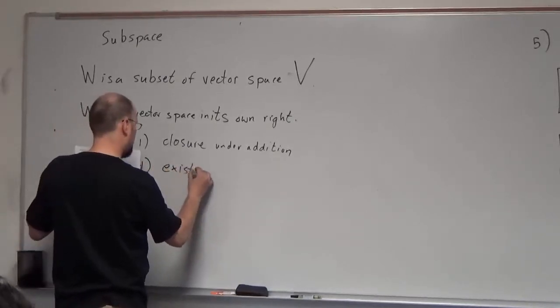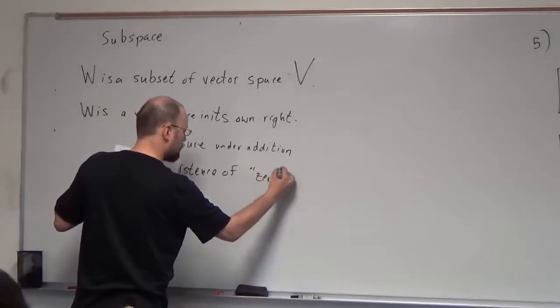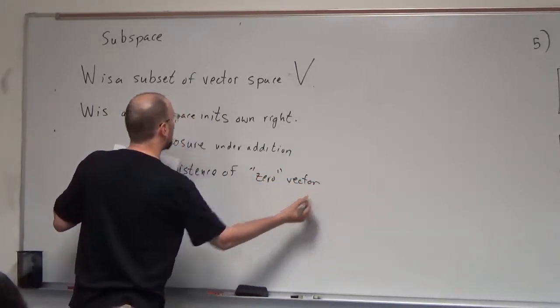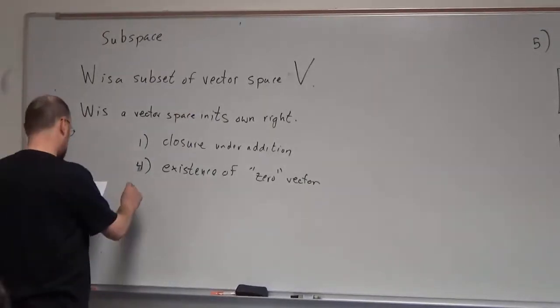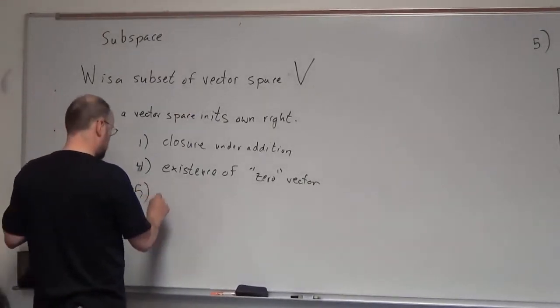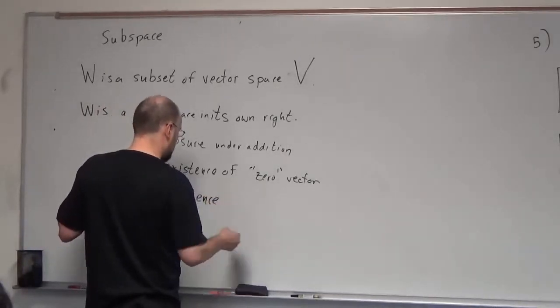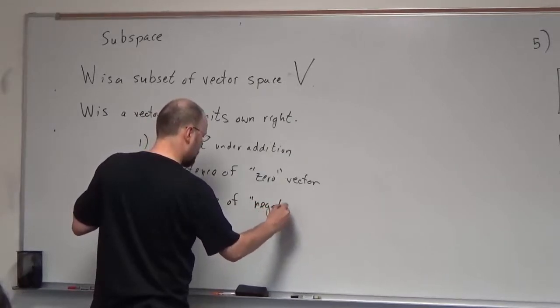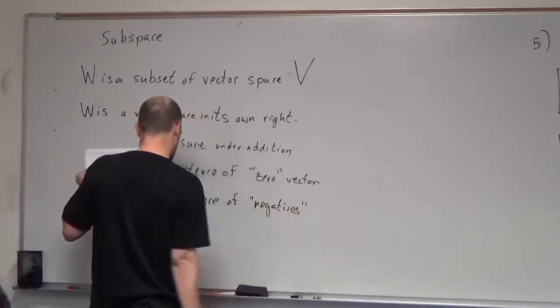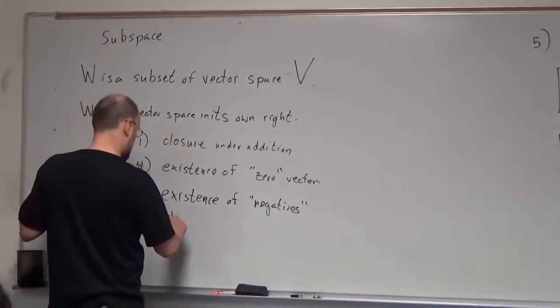Existence of 0 vector. It's not guaranteed that a subset will contain a 0 vector. 5, existence of negatives or additive inverses. Not necessarily. And finally, closure under scaling.